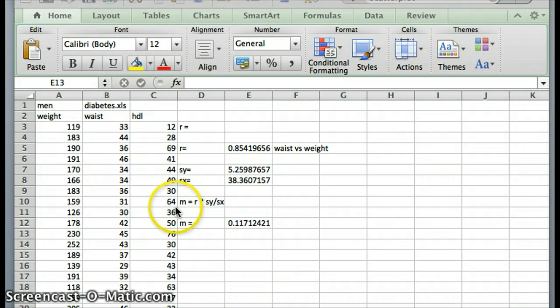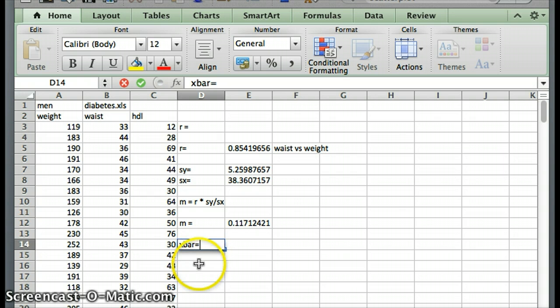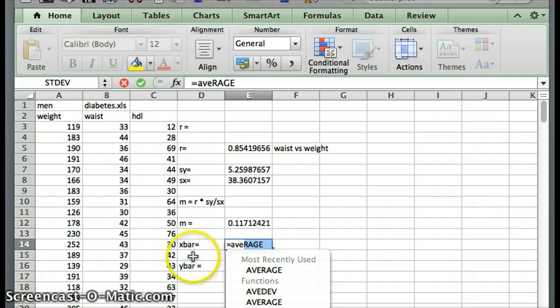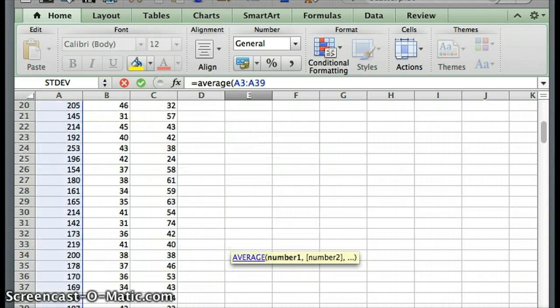So we need x bar and y bar, so let's go ahead and define those. X bar will be, y bar will be. So to get x bar, we're going to take the average of all of the numbers in the x column. The x column, of course, is weight.